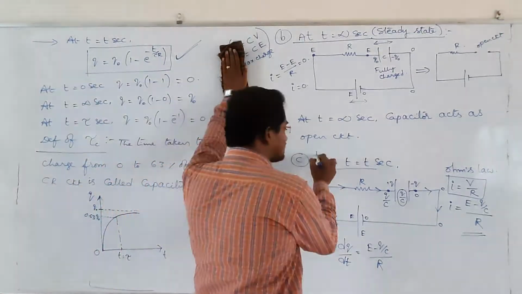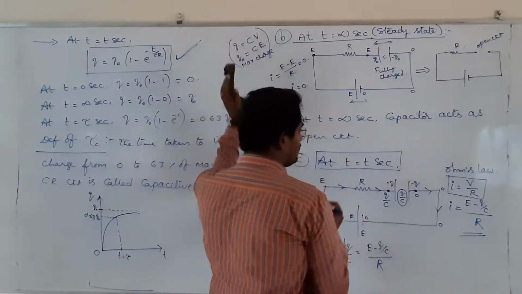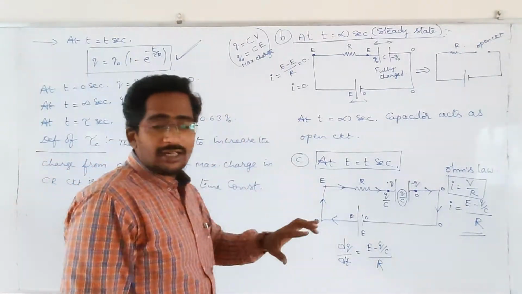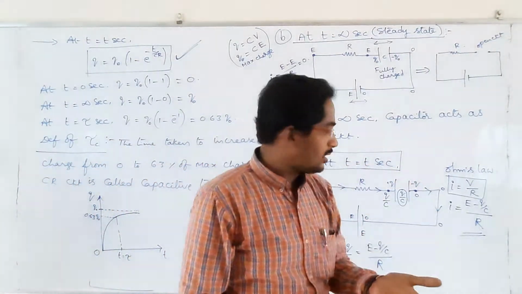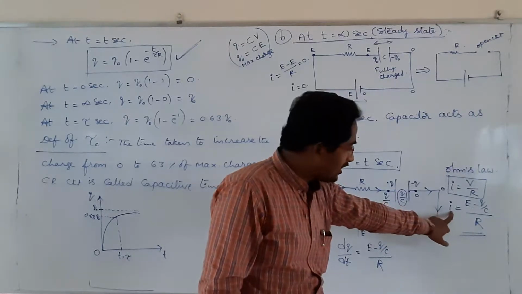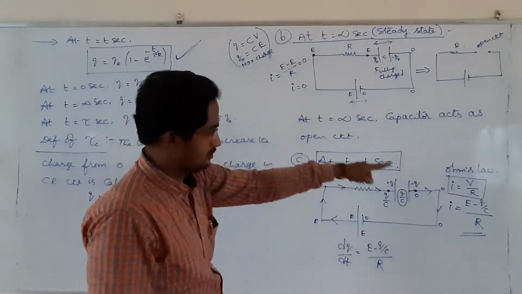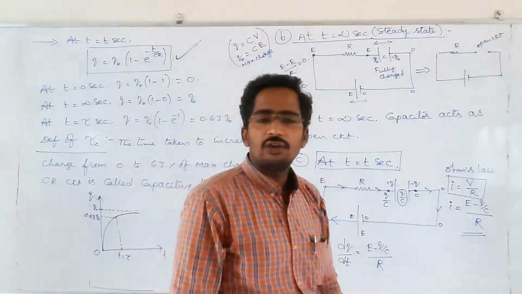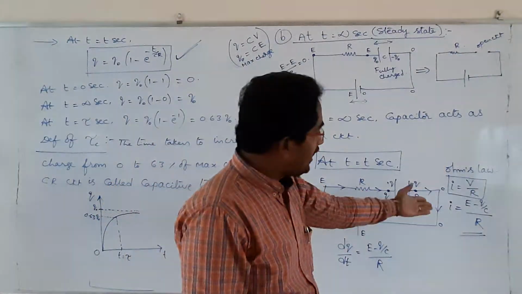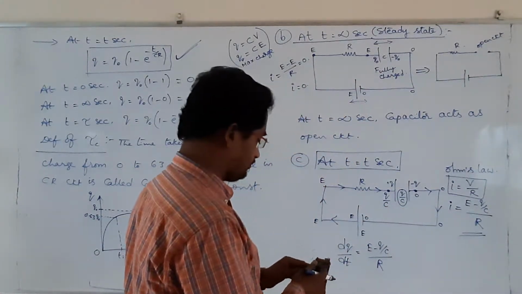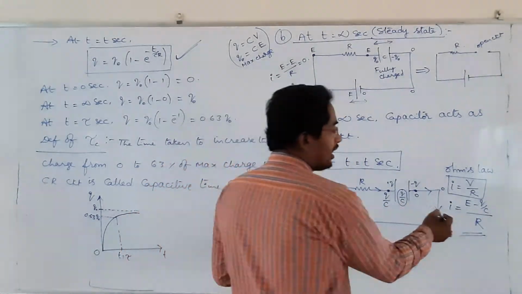At that moment, what is the current value? If you substitute the Q value there, then we can get the current here. That current value I want to get.